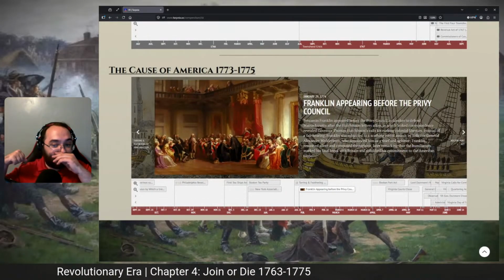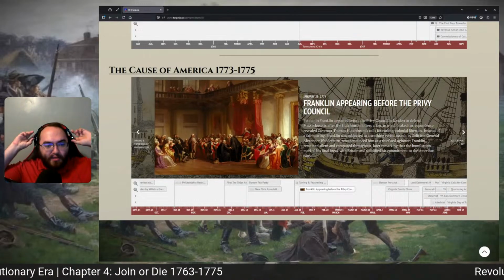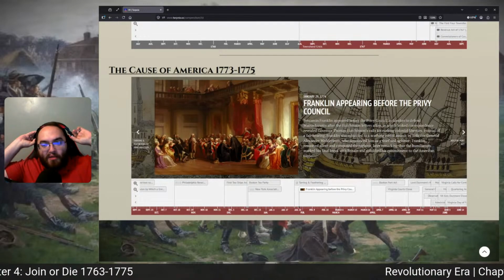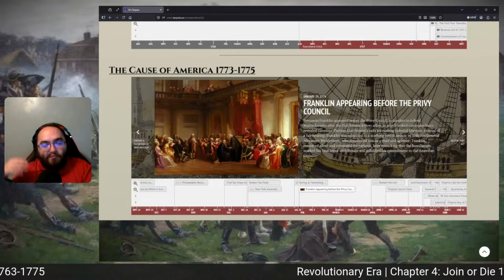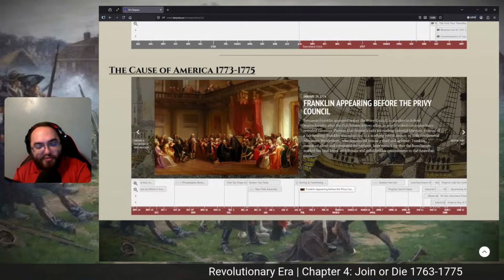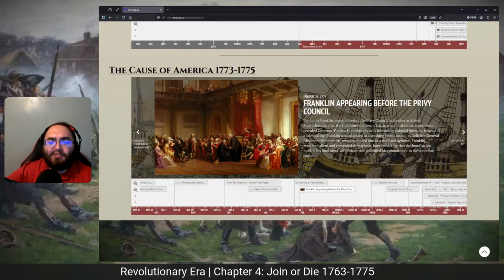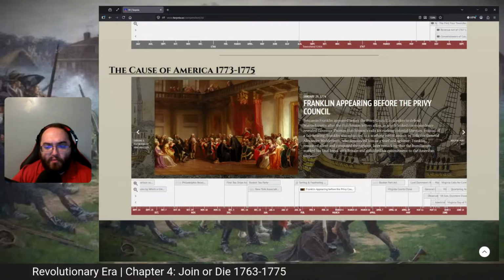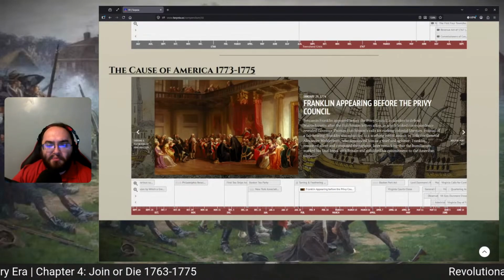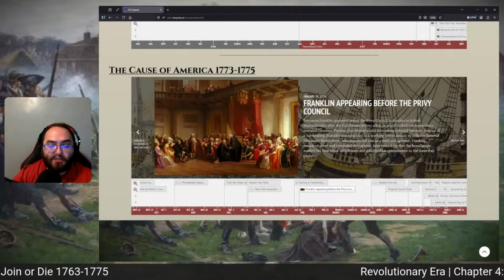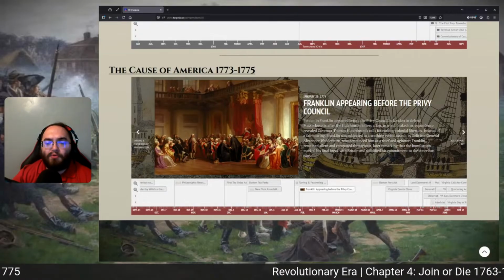Franklin appears before the Privy Council, and here's a pretty cool painting of it, in order to defend Massachusetts after the Hutchinson Letters affair, in which leaked correspondence revealed Governor Thomas Hutchinson's call for curbing colonial liberties.